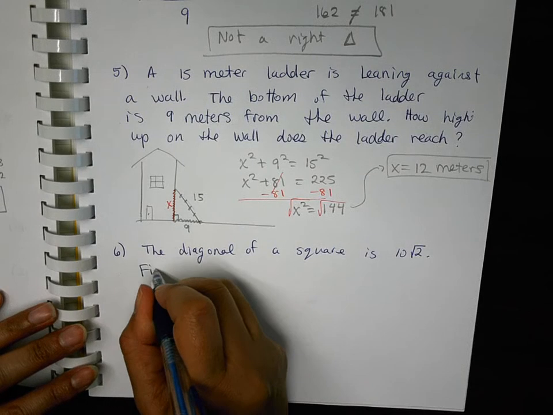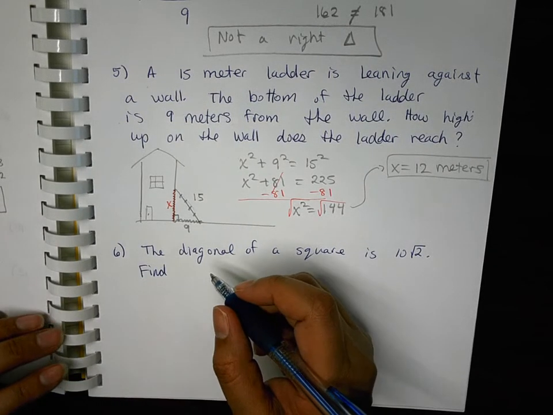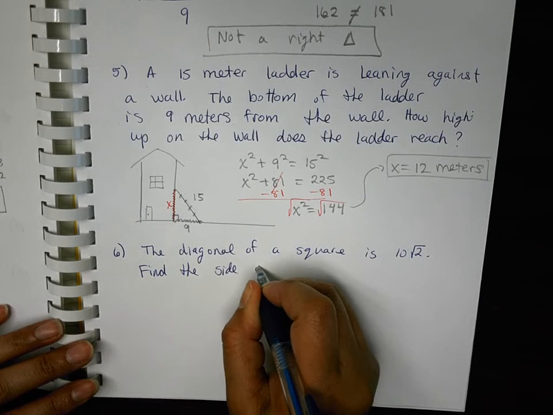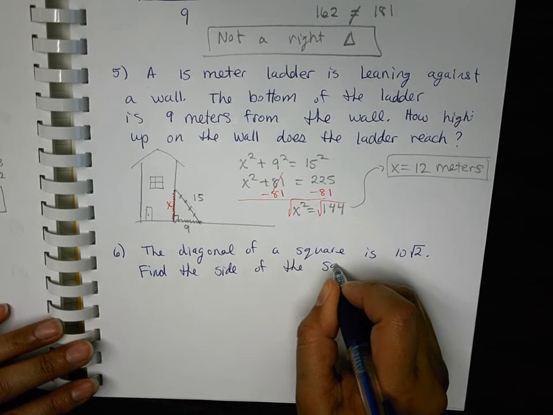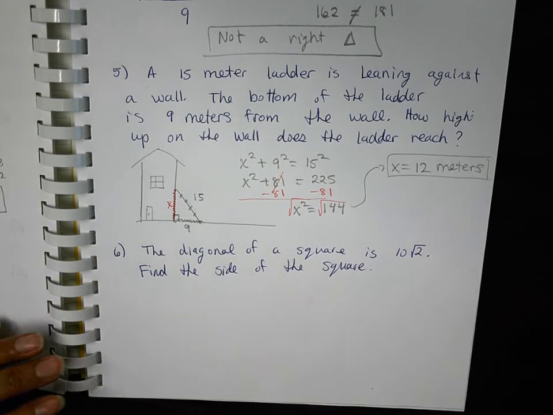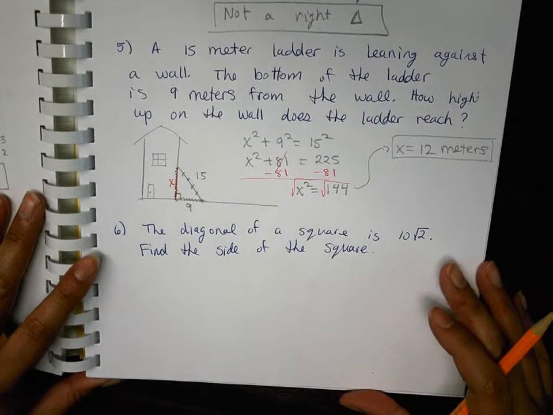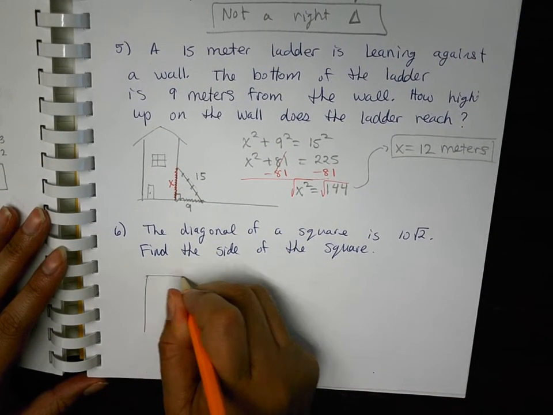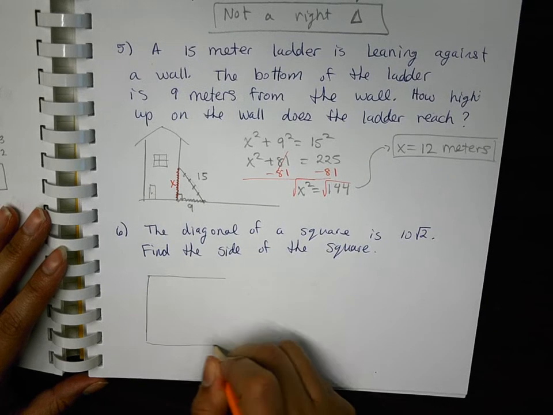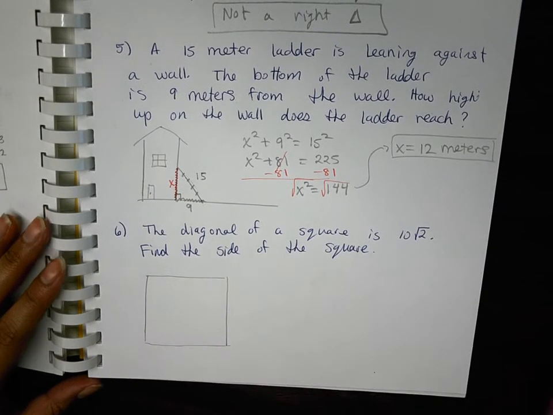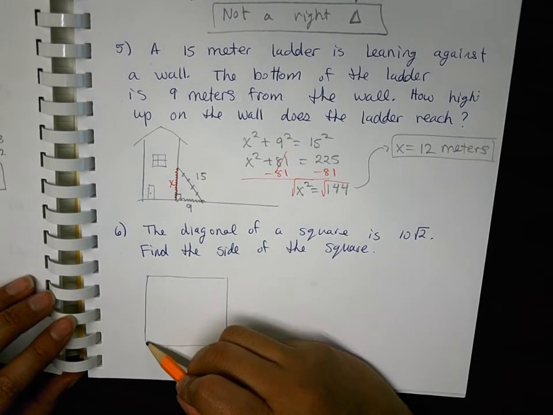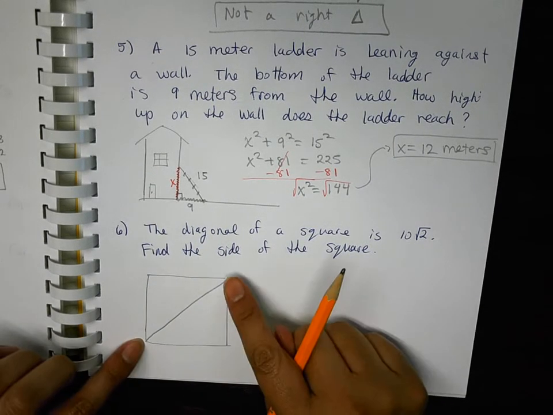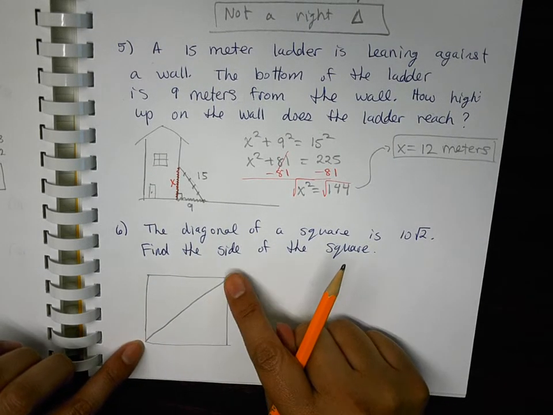Find the side of the square. Okay, what should we do first? Draw our square. Do you guys remember what a diagonal is? Yes? From one corner to its opposite corner, that's a diagonal.